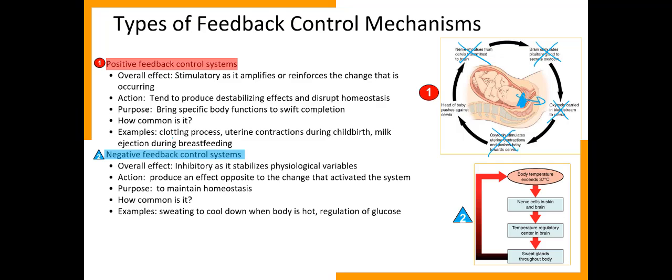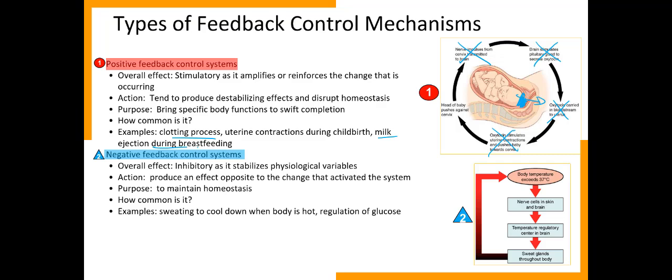Another example is clotting, right? If you have a cut on your finger, that starts a whole coagulation or clotting process, and it speeds up until a clot is formed. The same when a baby's nursing at the mom's breast.